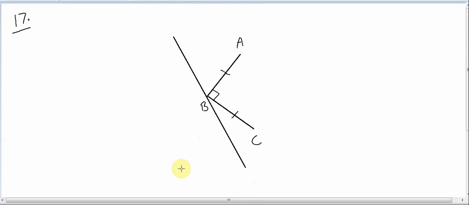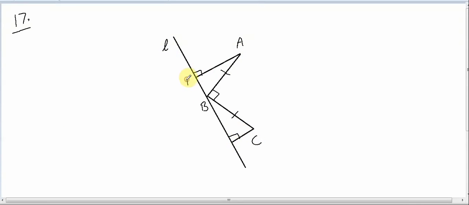So consider this line which I have drawn here through B, and let us name this line as L, line L. On this line we drop perpendiculars. We drop perpendiculars from point A to this line, and from point C as well, like this. So these are the perpendiculars that are dropped.